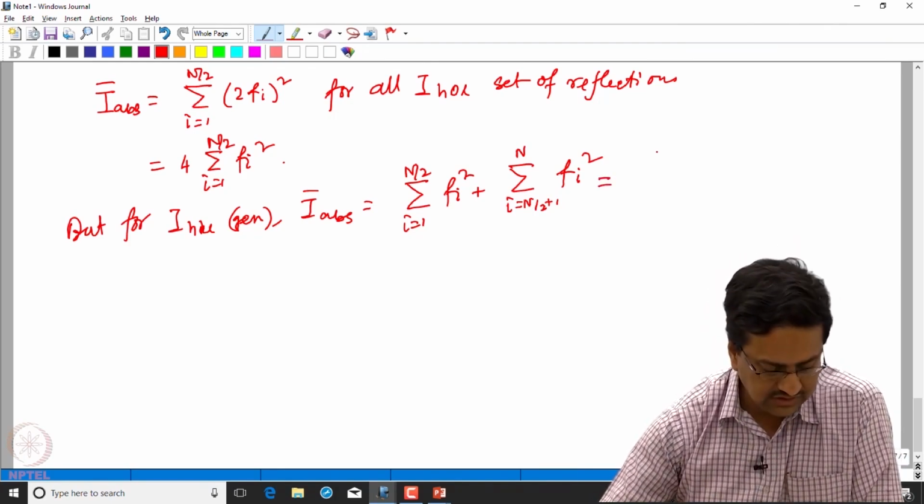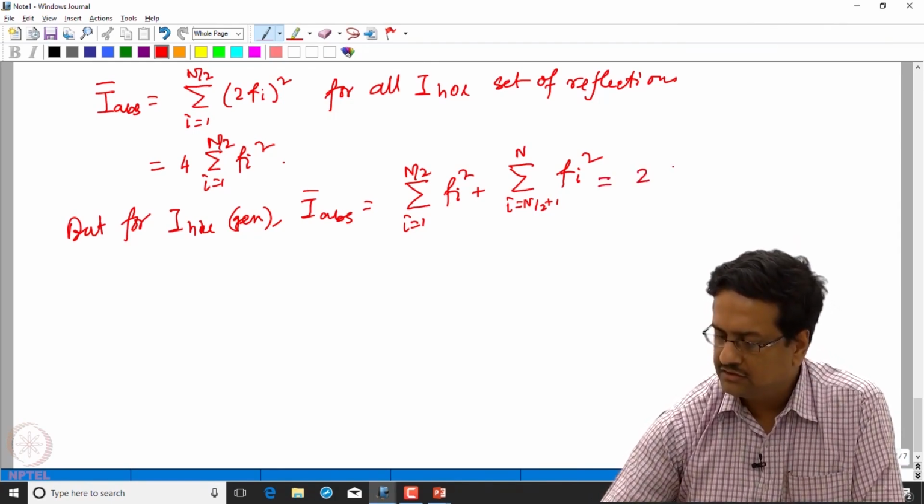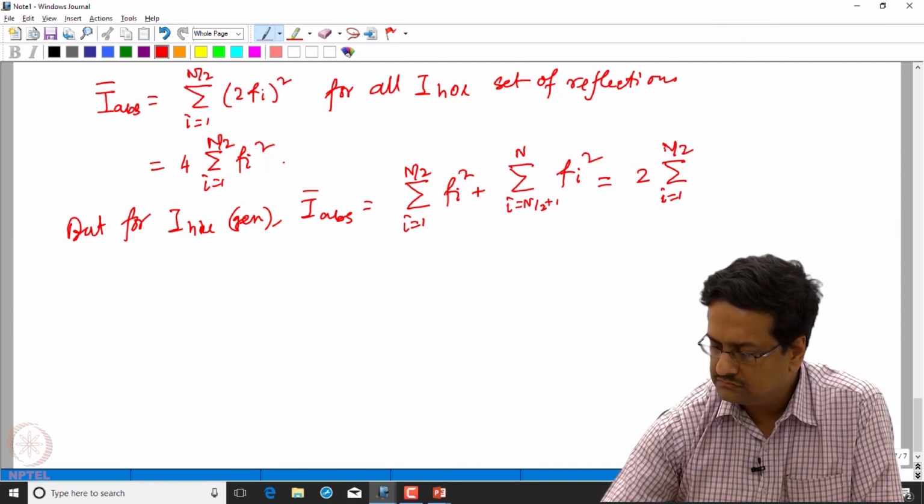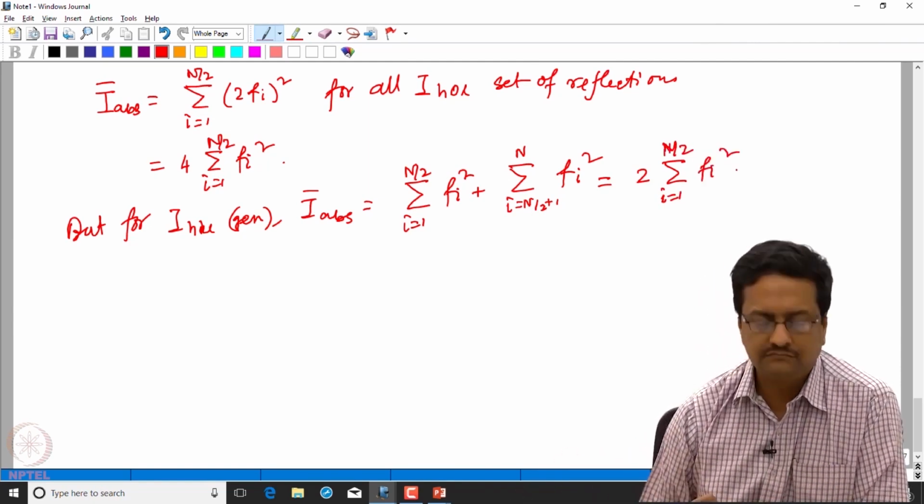So this sum is nothing but 2 into sum over i equal to 1 to n by 2 Fi square.